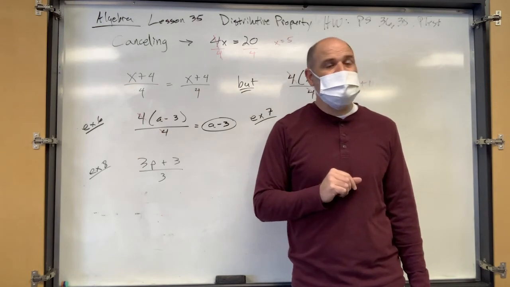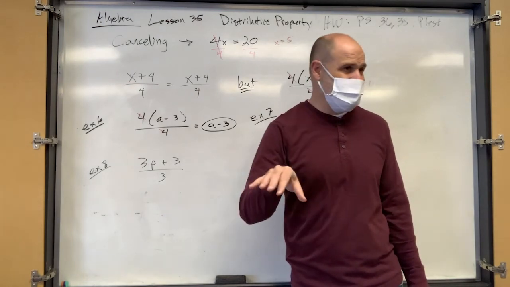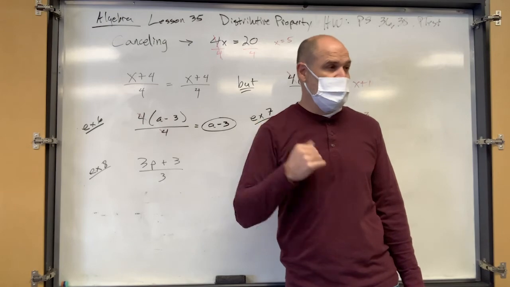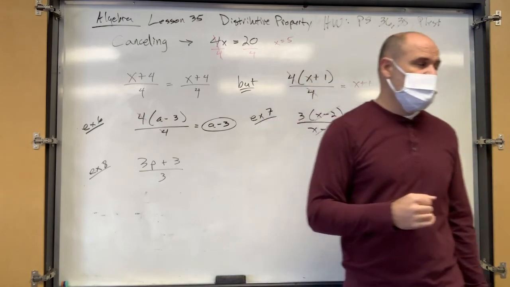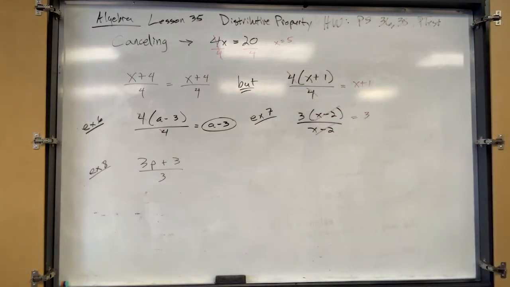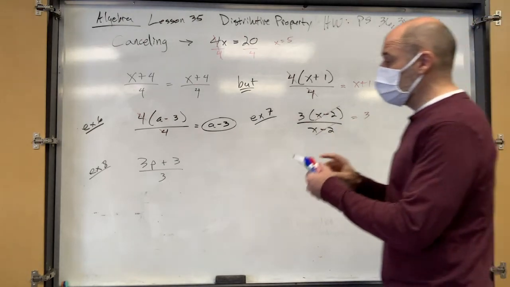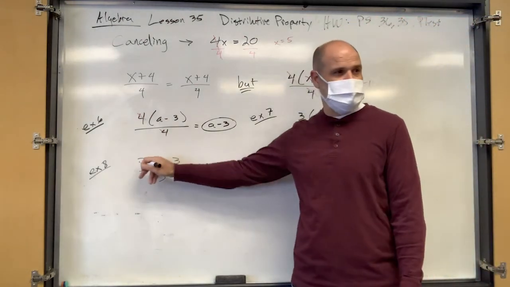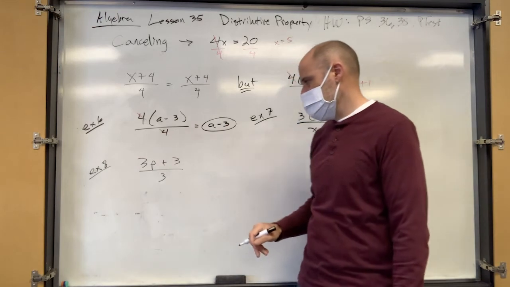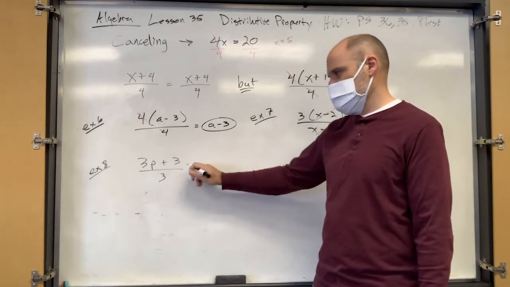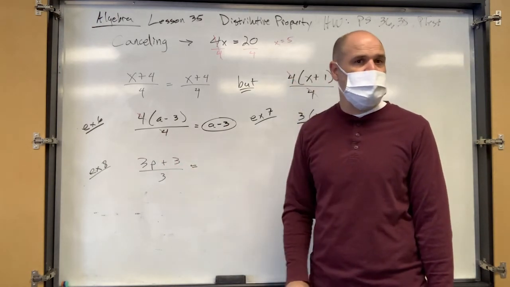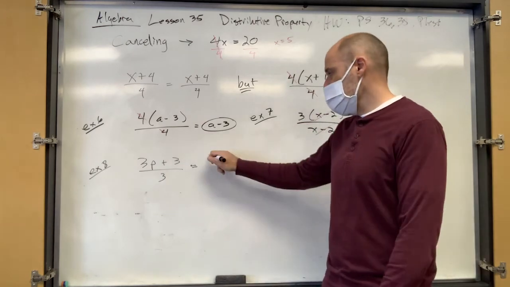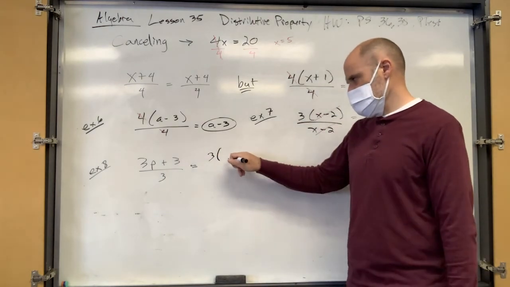It's 3 times something plus something else, even though that's 3 divided by 3. So, well, when in doubt, factor it out. How does this factor? What's the greatest common factor here? What goes into both 3p and 3? 3.